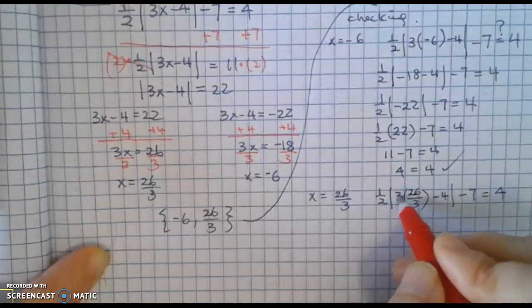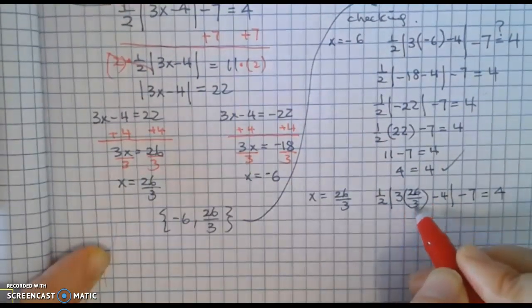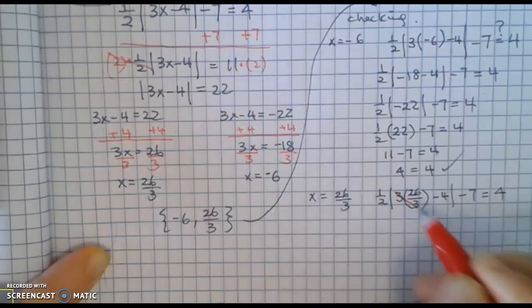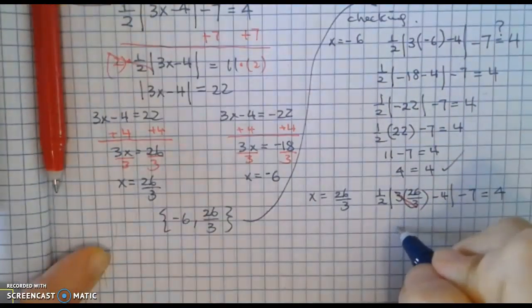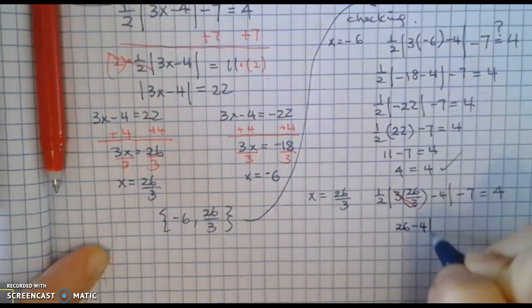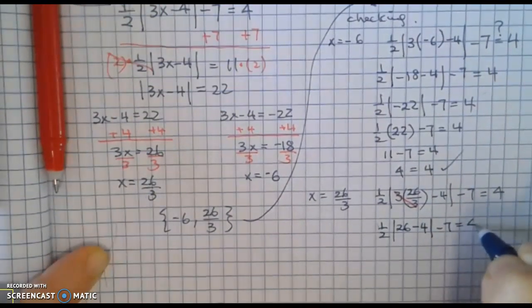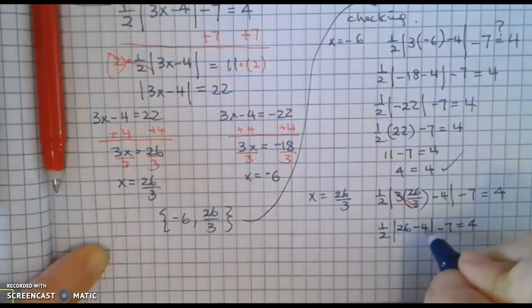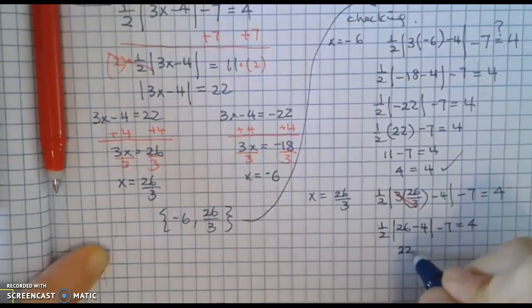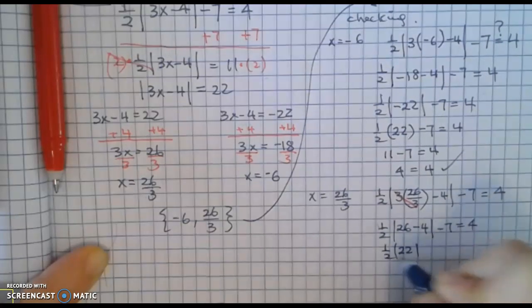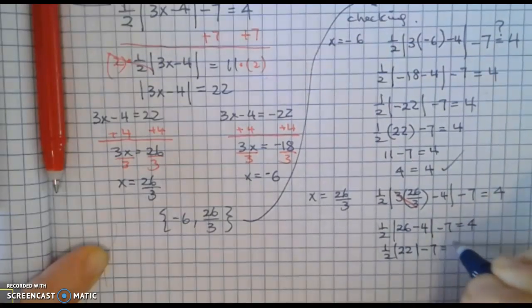Again, if you multiply by some number and then divide by the same number again, you can say that they cancel each other out. And so 26 minus 4, absolute value, and half times that minus 7 is equal to 4. And 26 minus 4, that is just 22. Absolute value of 22, times half, minus 7 is equal to 4.